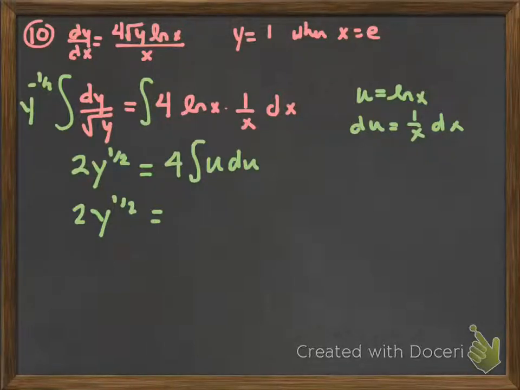And then what does that give me on the right? u squared over 2 plus c. And then I would immediately slash that 4 and 2, because 4 divided by 2 is 2. Right? And then I'm going to multiply through by a half, right? Because my next step's solve for y, right?